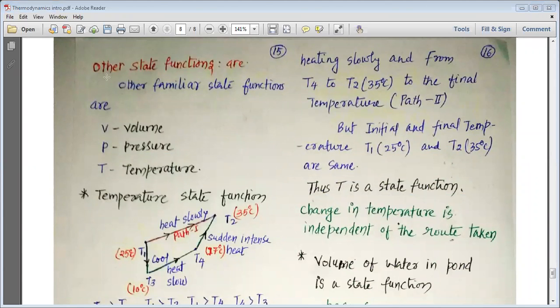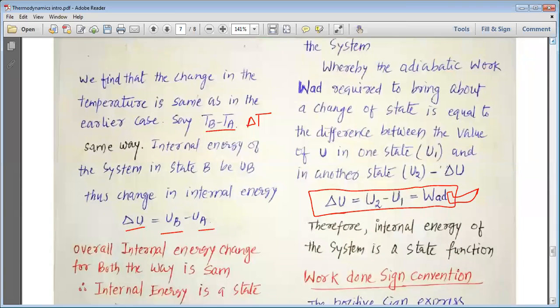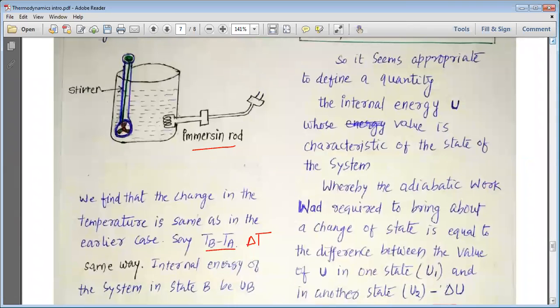Other state functions, my dear students, then we have proved that in both the cases where we have done work in two different ways, we found that the total change in internal energy is the same.